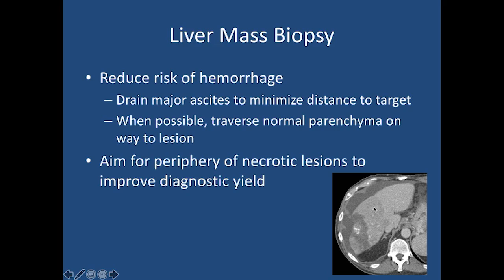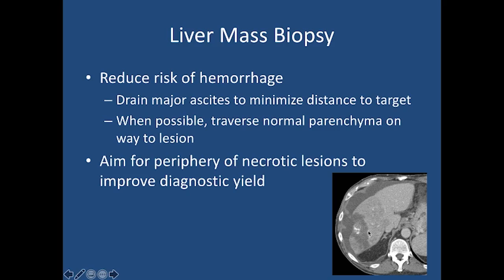In addition, when possible, we try to place a needle through normal parenchyma first before entering the liver lesion itself. Presumably, the normal parenchyma would have normal blood vessels as opposed to the tumor-related vessels within the lesion that might be at higher risk of bleeding, and as such, that might reduce the risk of post-procedure hemorrhage.